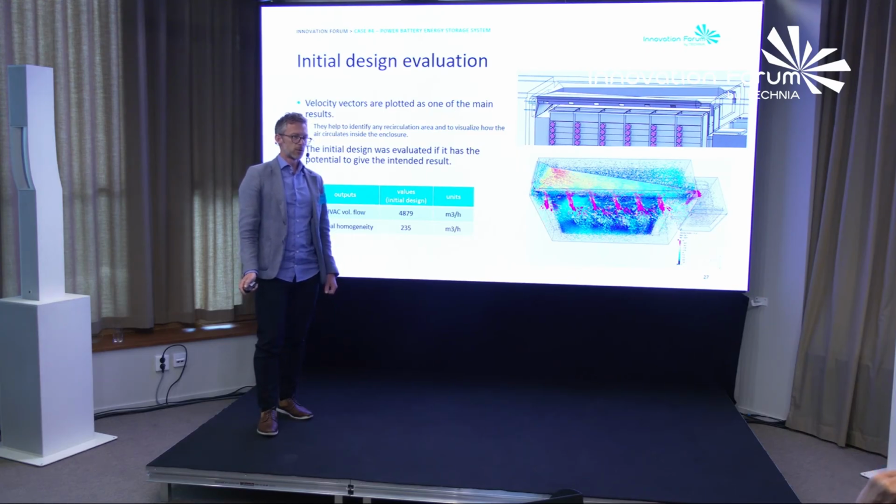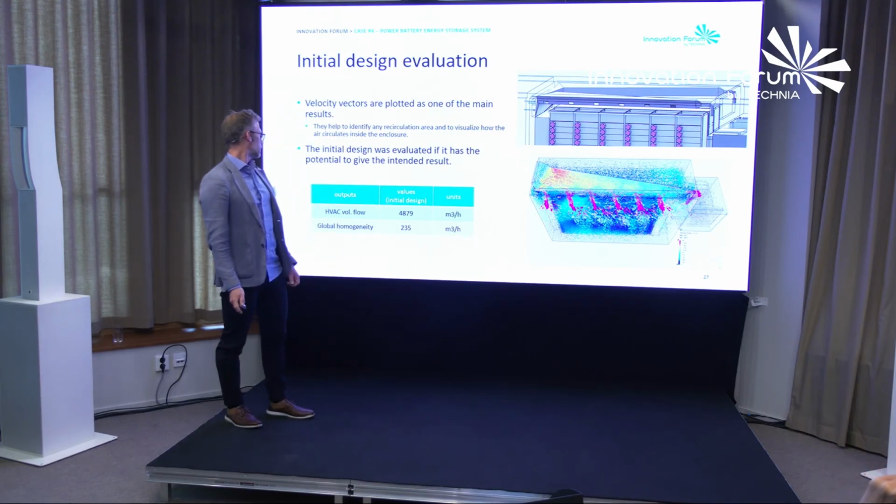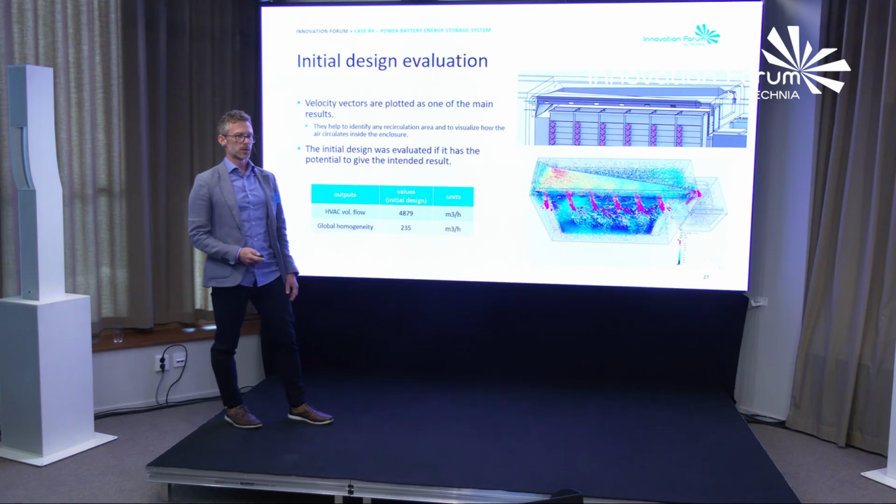We are looking at two output variables. It's the total volume flow, which is dependent on the pressure loss. And then we have something called global homogeneity, which is the difference between the most cooled battery and the less cooled battery pack.